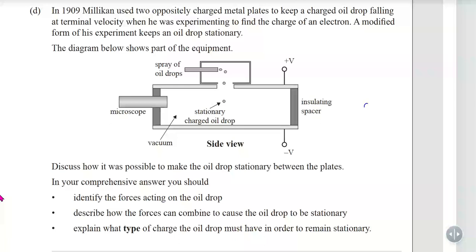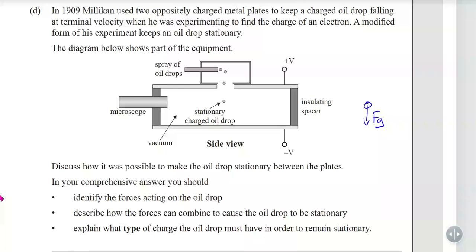So if we just think about an oil drop for a moment, it's subject to the force of gravity pushing down, and if it is a negatively charged oil drop, then it would be being pushed up in this plate here. So if it gains, say, 2 electrons, then this negative plate is going to be repelling it.